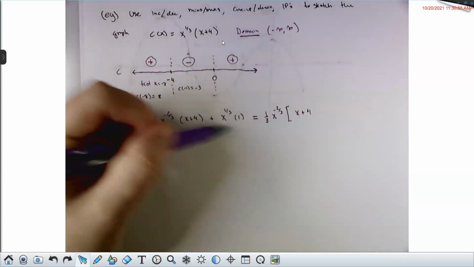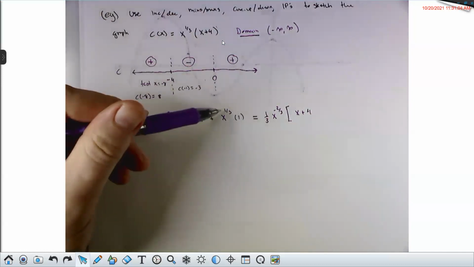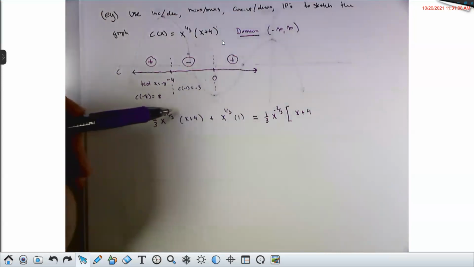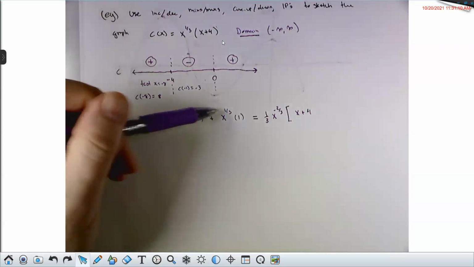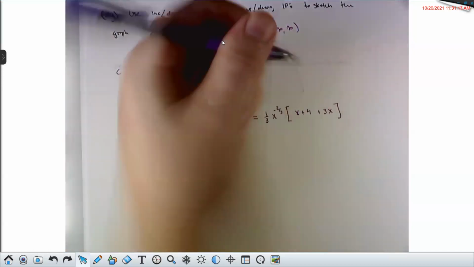And here we have to think a little bit. X to the 1/3 divided by x to the negative 2/3 would be x to the 1/3 minus negative 2/3. Yeah, it's just x to the 1. And also, I'm dividing this term by 1/3. So I'll have a 3 there. So this is plus 3x.